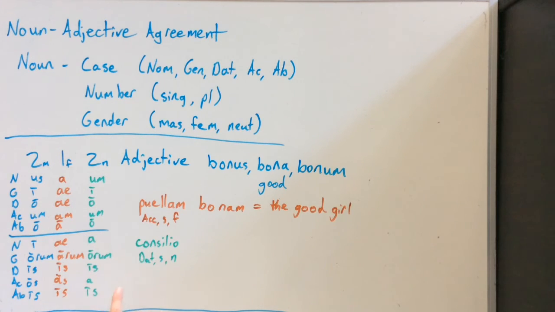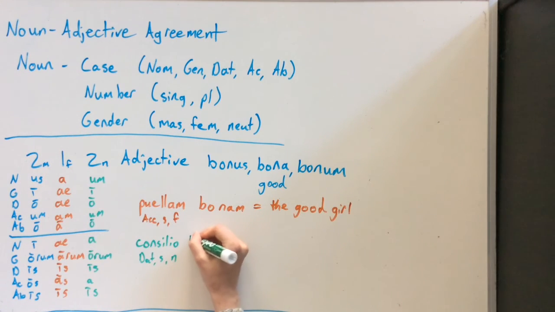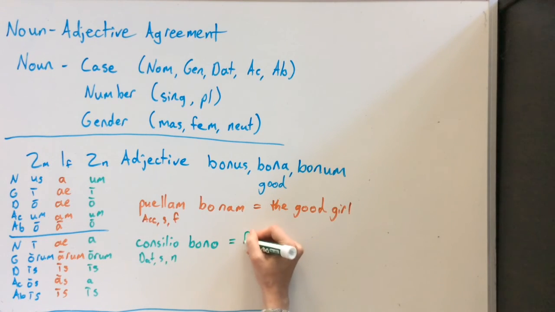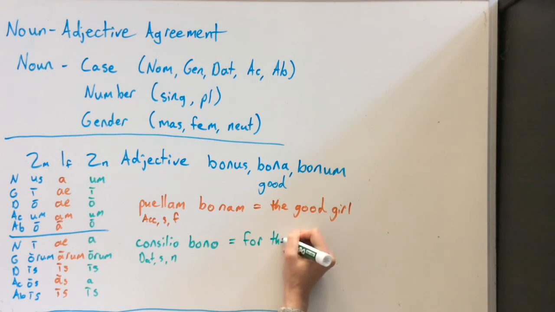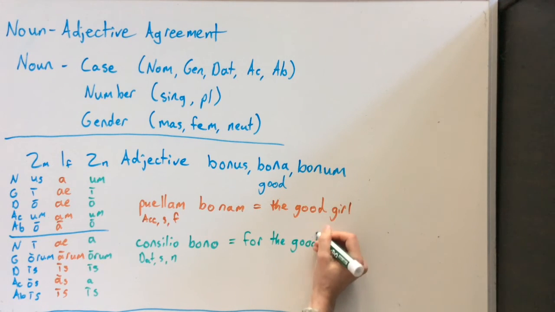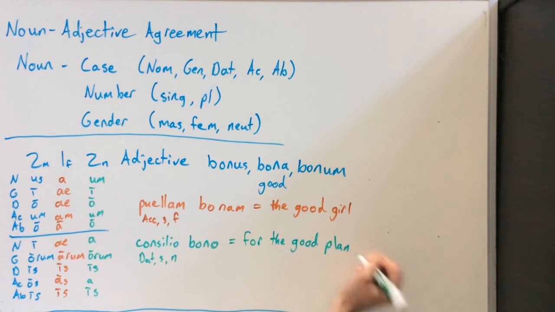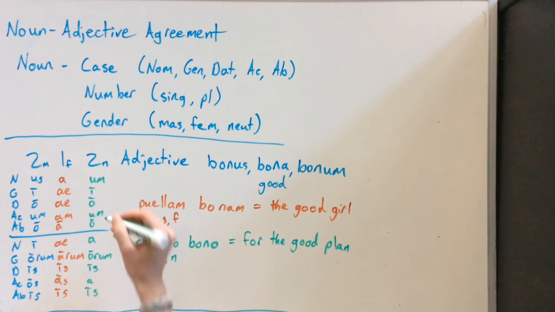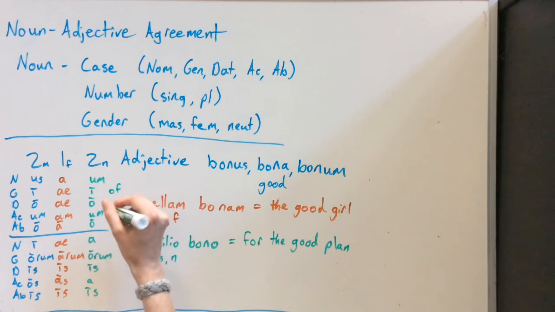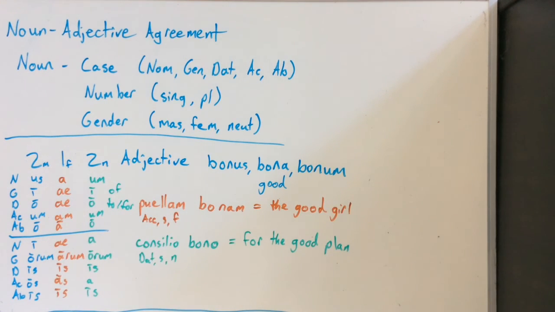So dative singular neuter, we will have a bono consilio for the good plan. Notice that those special noun translations like of and to or for are preserved even when you're adding an adjective.